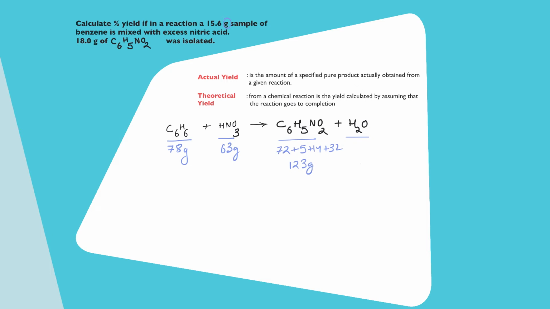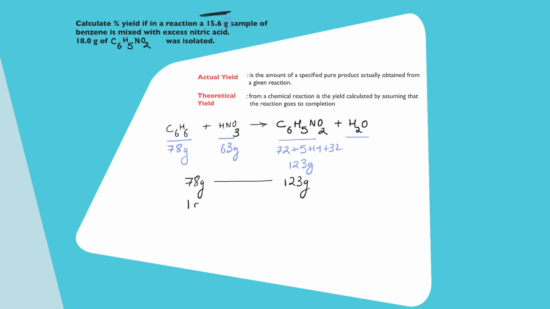Now this question says that 78 grams of C6H6 should give you, by the unitary method, 123 grams. Now how much did we use? We used 15.6 gram.